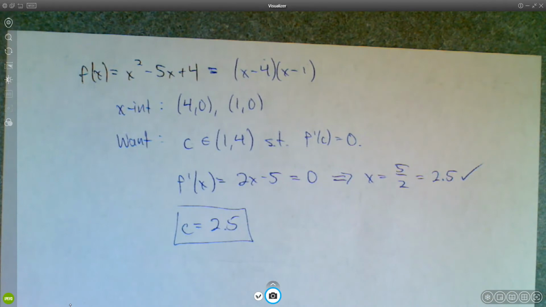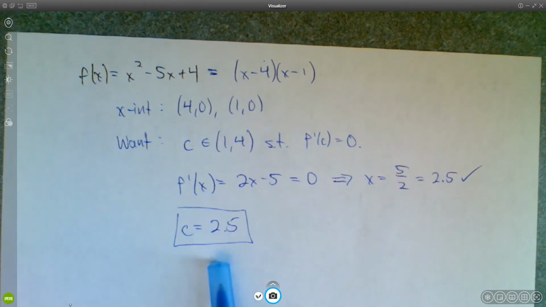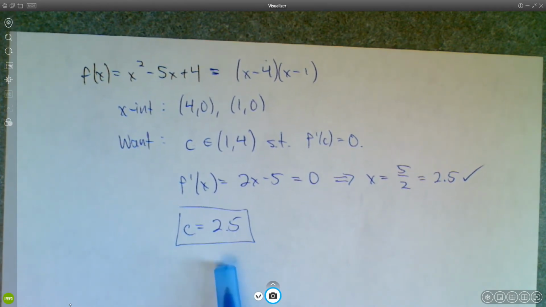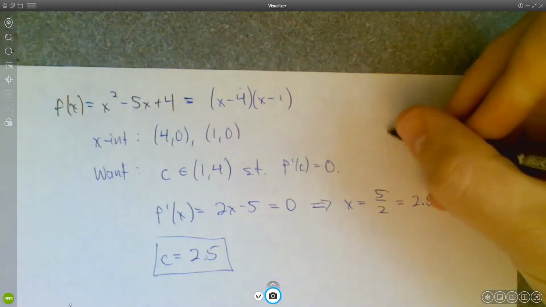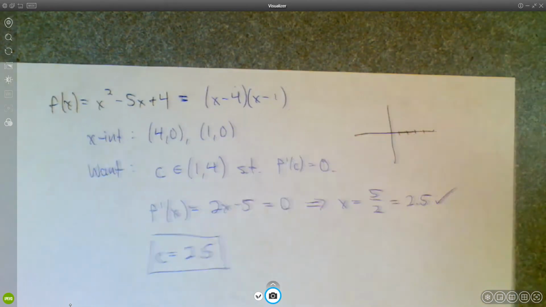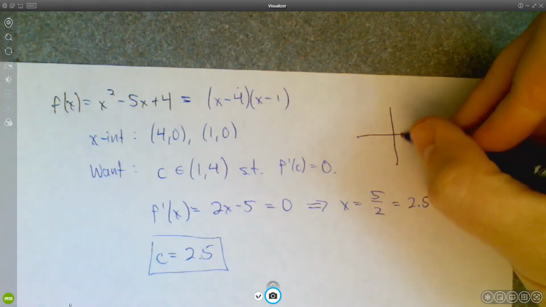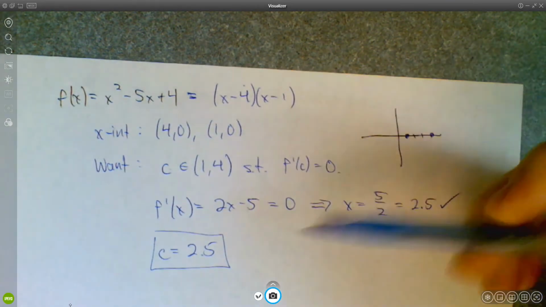Okay. So yeah. In fact, knowing what you know about parabolas, you probably realize that this is the vertex, right? It's got to be the x-coordinate of the vertex. So you could kind of draw a picture of this scenario now. You know that you've got 1, 2, 3, 4, x-intercepts here and here, and then you've got a vertex in between.